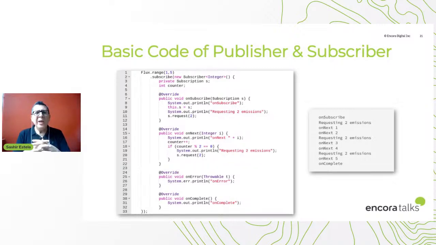In the code, we have a static method, range, from the Flux class. In this example, we are emitting 5 items from 1 to 5. We are calling the subscribe method, sending a new subscriber object that we are implementing inline.